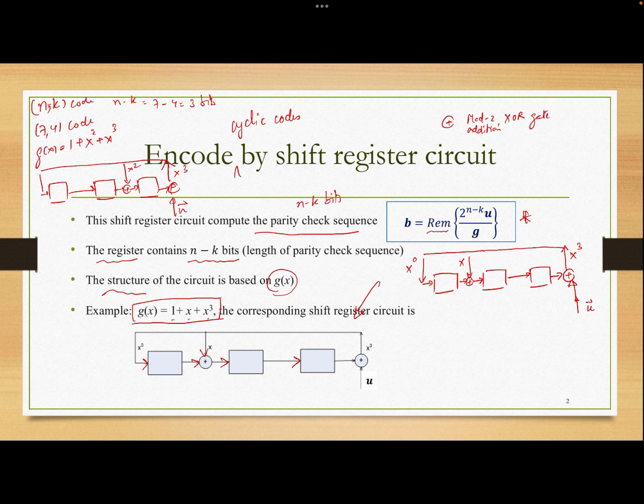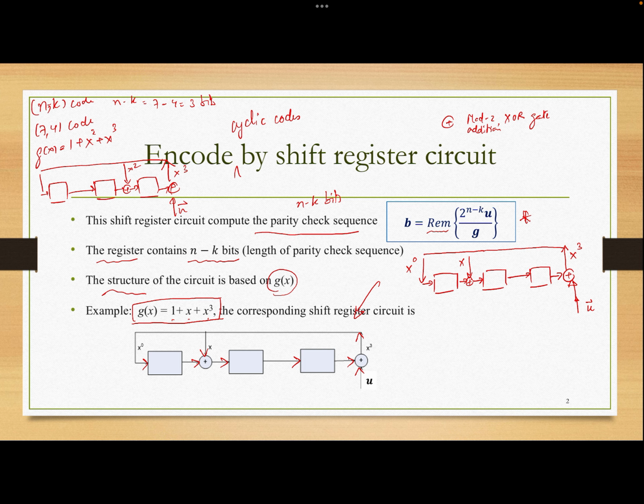In this class, since it's a very short topic, I show you only one structure of how to implement the shift register circuit, with the data coming from the right-hand side.